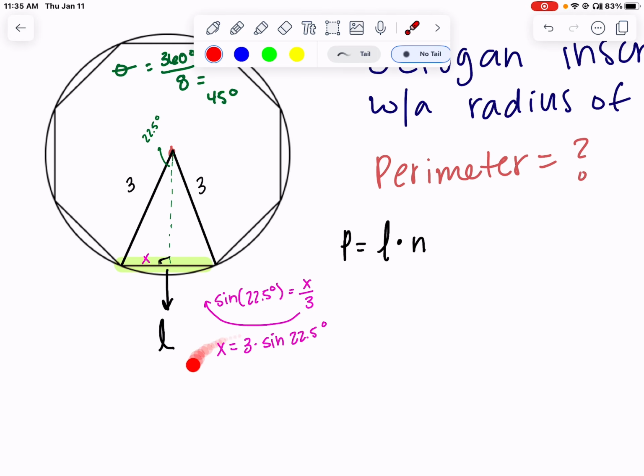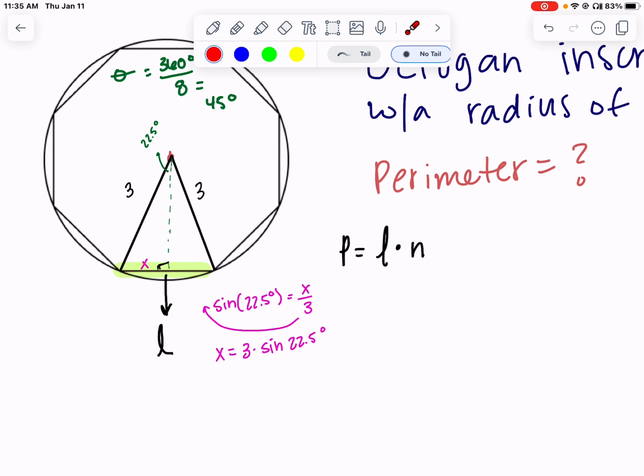At this point, I could go ahead and put this in my calculator, but I'm going to leave it as such so we can see how all these pieces build. X is not L. X was only half of this length. Once again, I know it's exactly half because this was an isosceles triangle. For an isosceles and an equilateral, when you drop the height, it splits the angle in half, and it splits this side in half. For other types of triangles, that's not going to be the case.